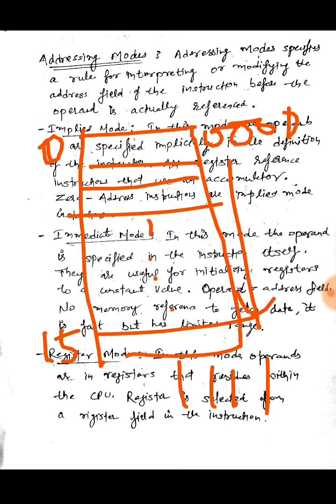So in register mode I will have in the operand the address of any of these 16 registers, and the instruction will operate on whatever data is stored in that register.